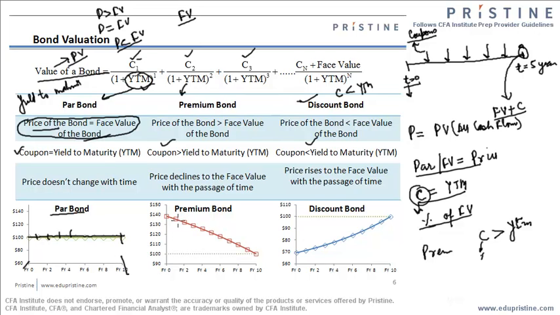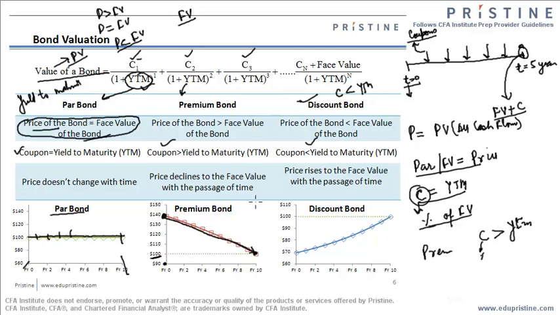Now in the case of a premium bond, at t equal to 0, the price of the bond is somewhat greater than 100, right? That's why we call this a premium bond. But as time passes and the interest rate scenario doesn't change, the price will start converging towards the face value, and at maturity the price would be exactly equal to the face value.